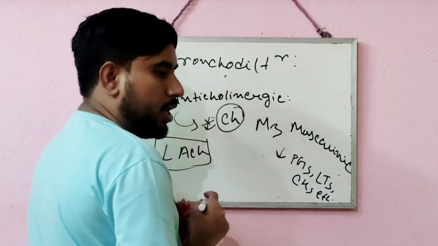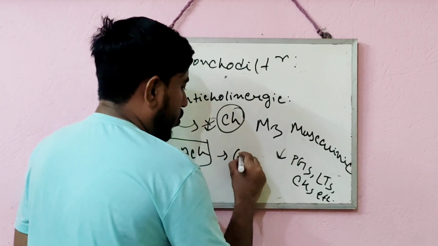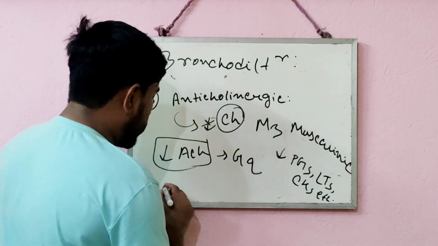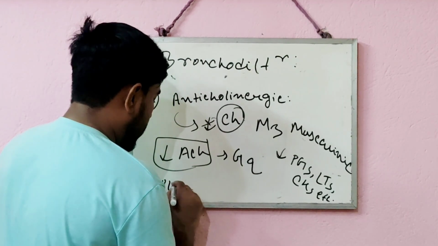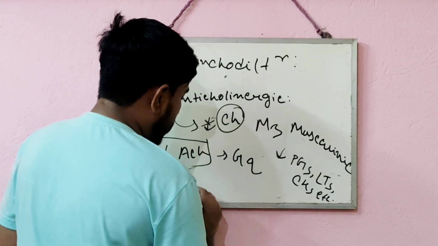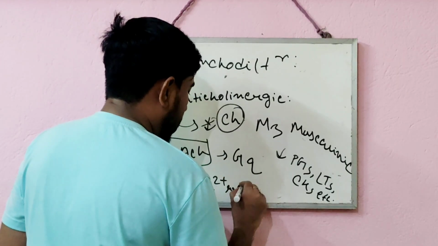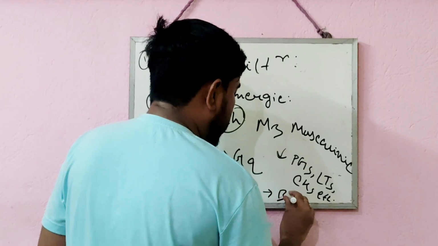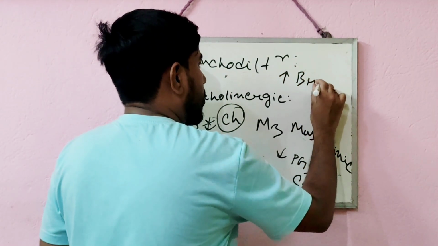Due to the decreased release of acetylcholine, the Gq protein activation is reduced, and that reduced activation of Gq protein will lead to reduced activation of phospholipase C, and due to that, it is going to reduce calcium efflux, and due to the reduced calcium efflux it will reduce bronchoconstriction and bronchial secretion.